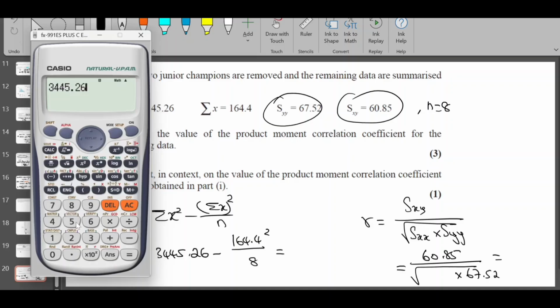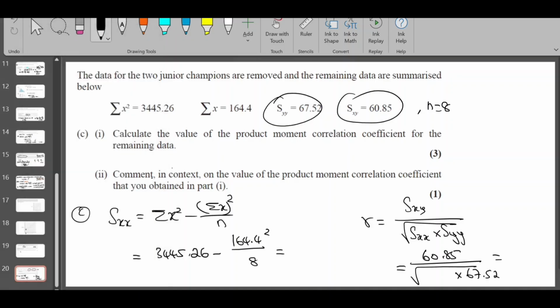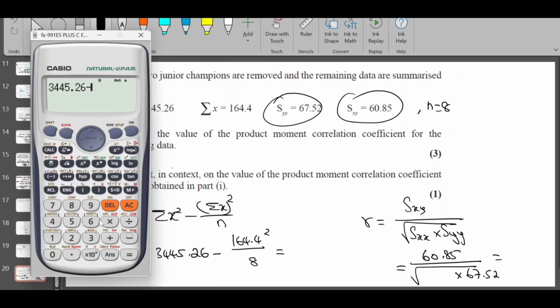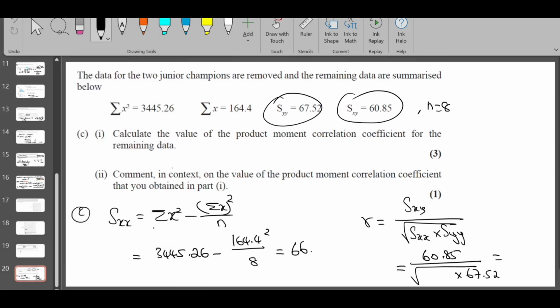3445.26 minus 164.4 square divided by 8 gives 66.84.